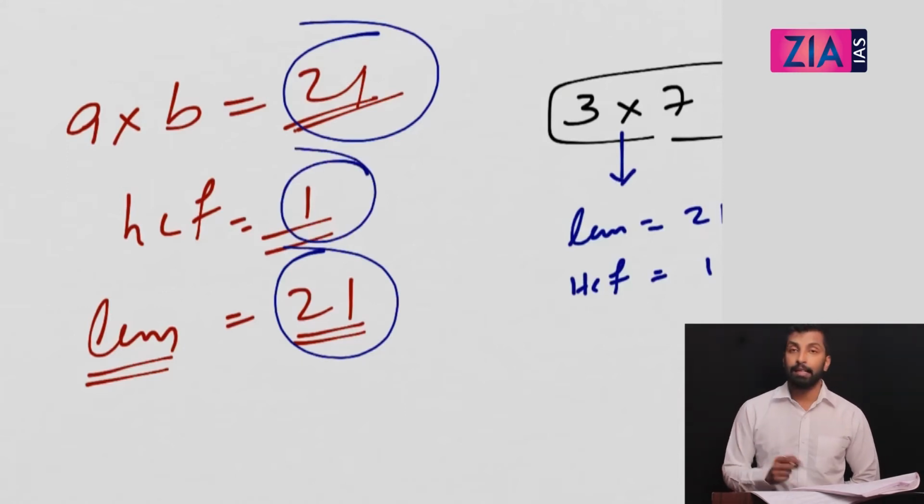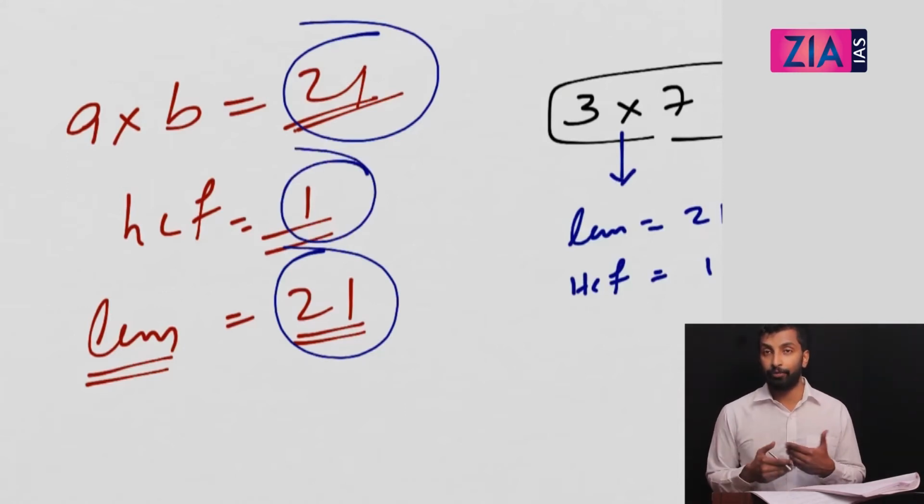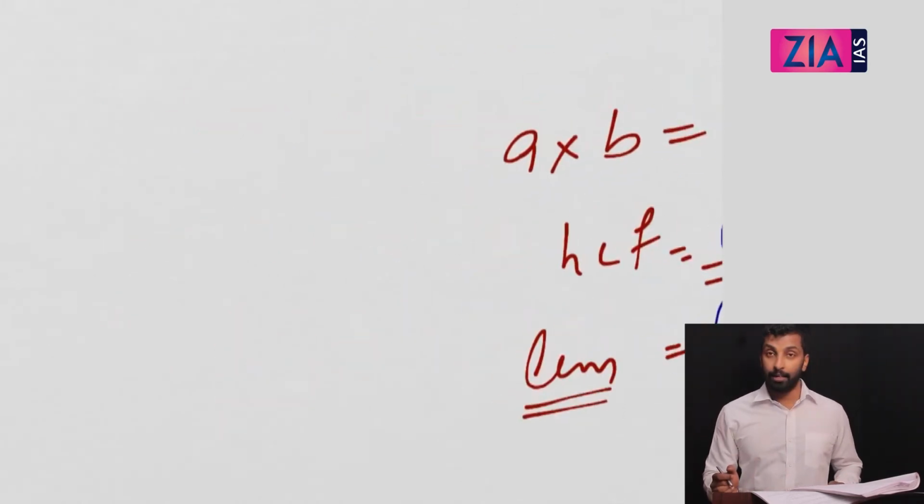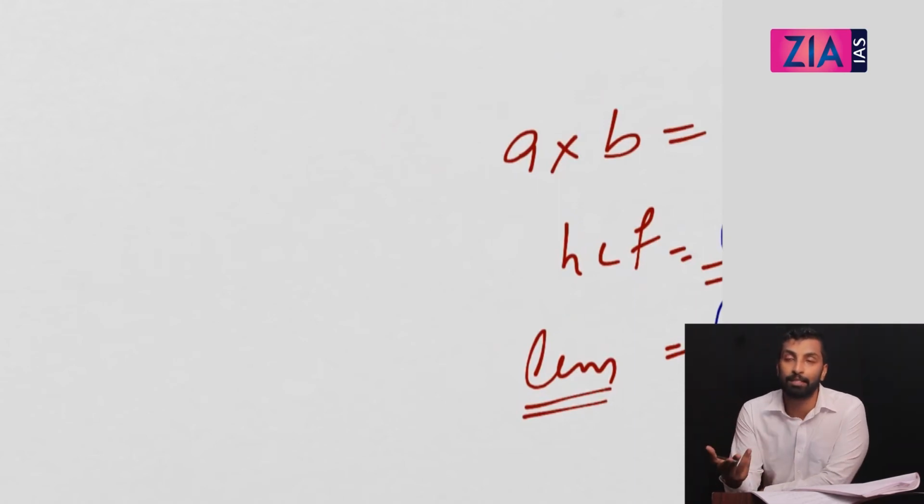What is the HCF? The HCF is 1. If I make different numbers, then you will feel it is very complex. Then it becomes a complex question. But here it is very simple, just because I have taken 3 and 7, and you are all very familiar with 3 and 7. So let me take a different number if you want, just for the sake of taking a complex number. Otherwise it's not required.